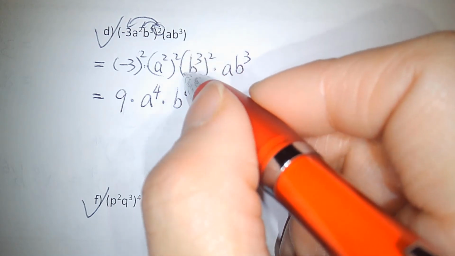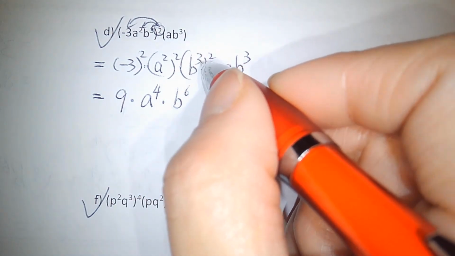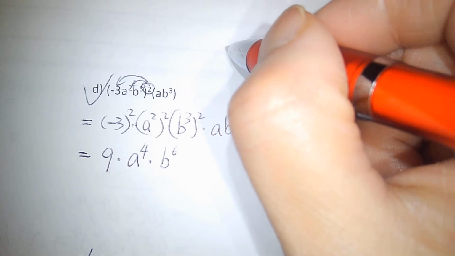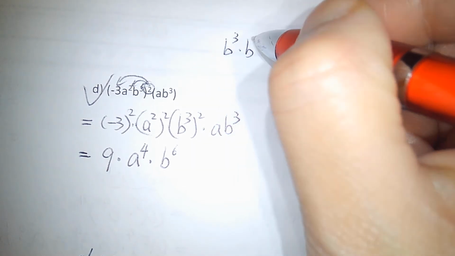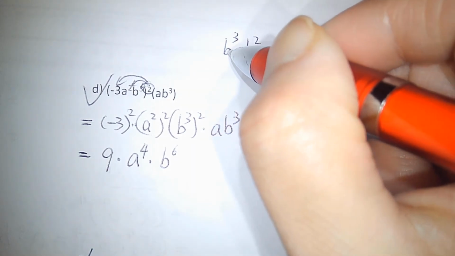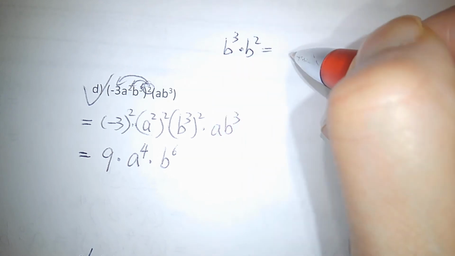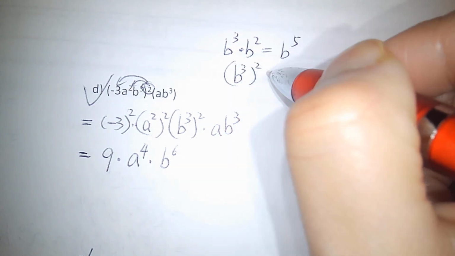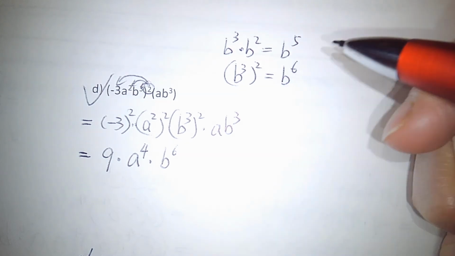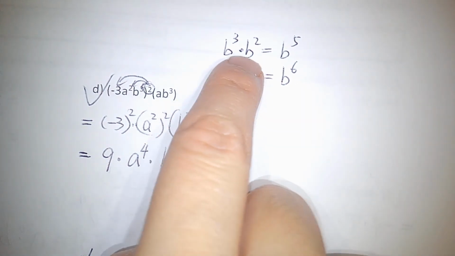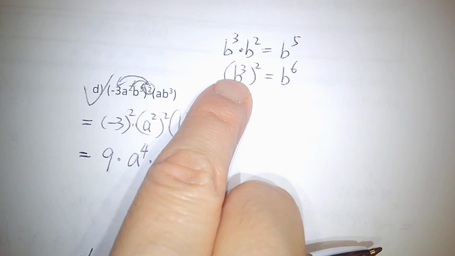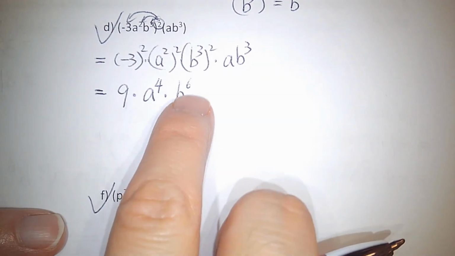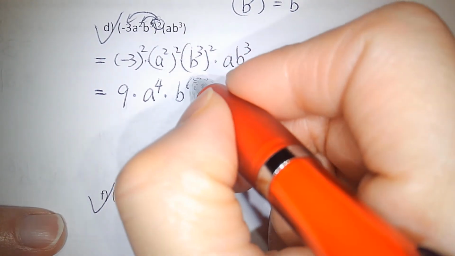If there is only one base, we always multiply. b cube times b to the square, this is b to the what? 5th. But if you have b to the cube, then squared, it should be b to the what? 6. So when there are 2 bases, we add up. When there's 1 base b, we multiply, right? So this one has to be b to the 6.